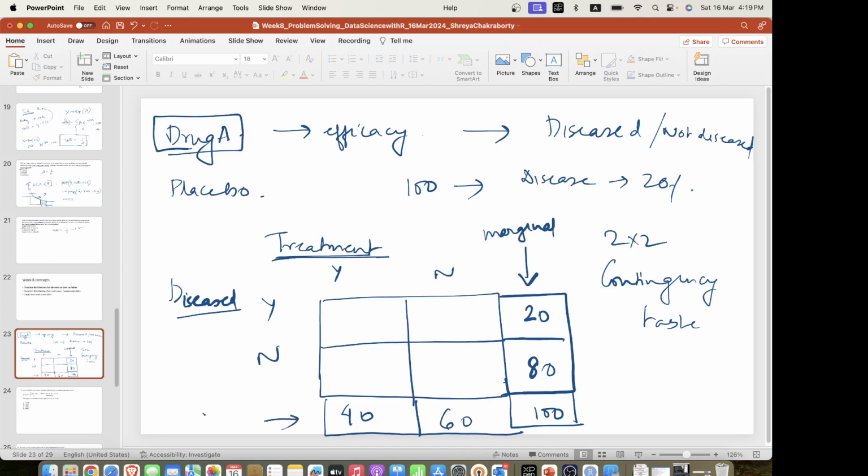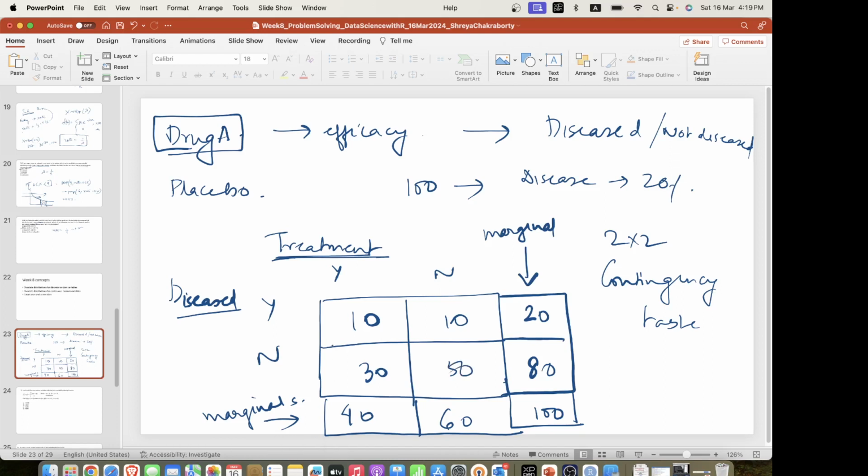In the margins, let's say 10 people have the disease and they also receive this treatment. So if we say 10, 10, 30, 50, something like this.